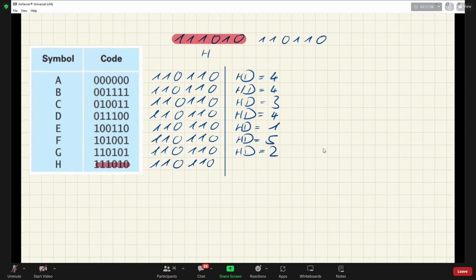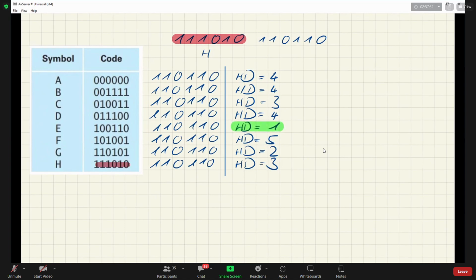With H, it is 3. So now the one with the smallest Hamming distance is that one here.